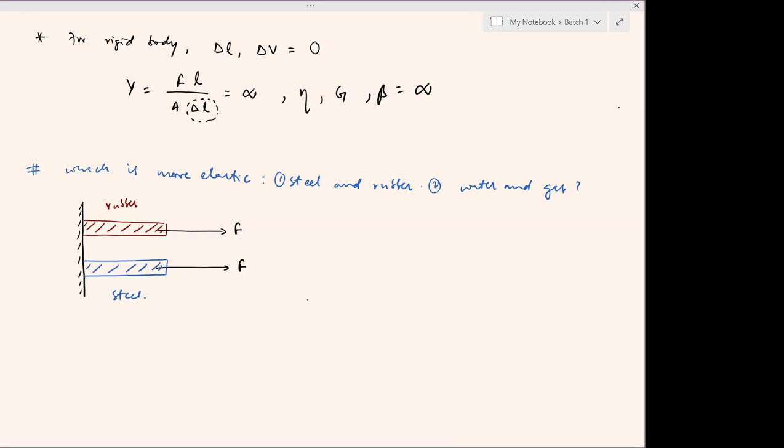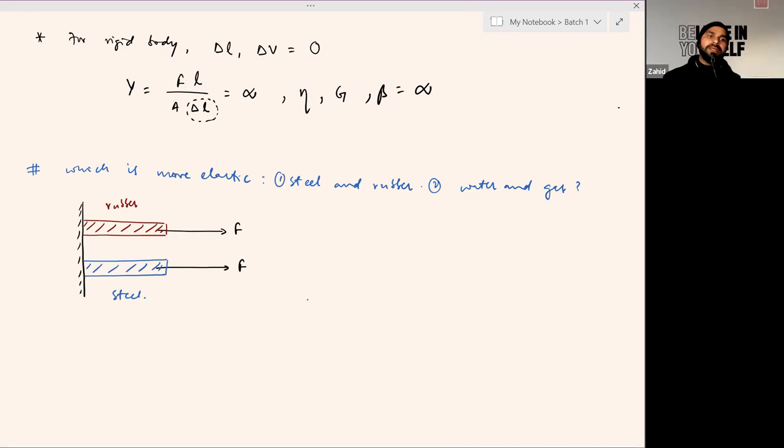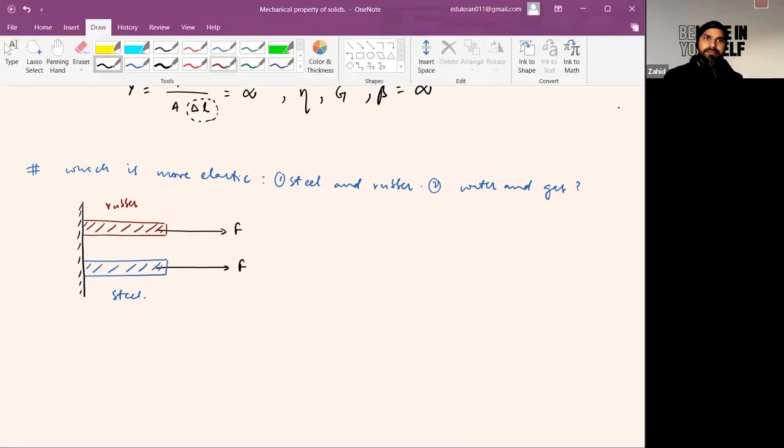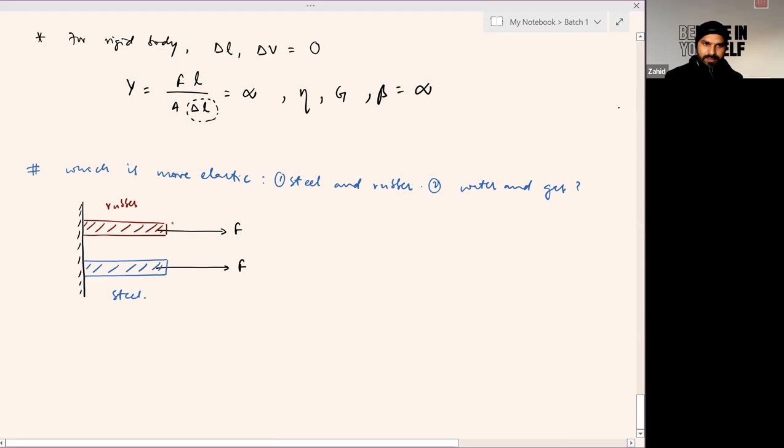The rubber. Good. So there will be more deformation in rubber as compared to steel. Let's say deformation in the rubber will be till this point, delta L in rubber, and in steel, it will be just to this point only.